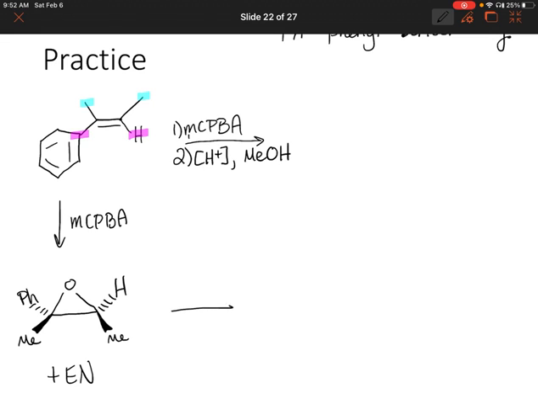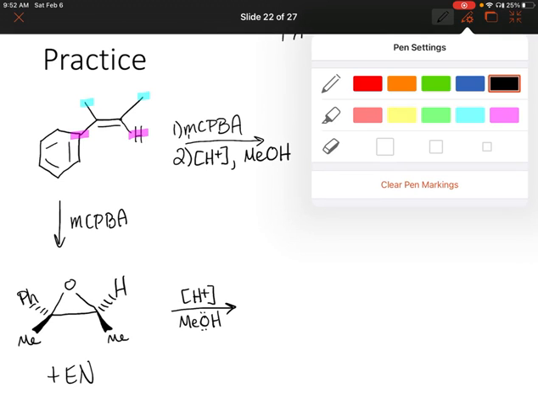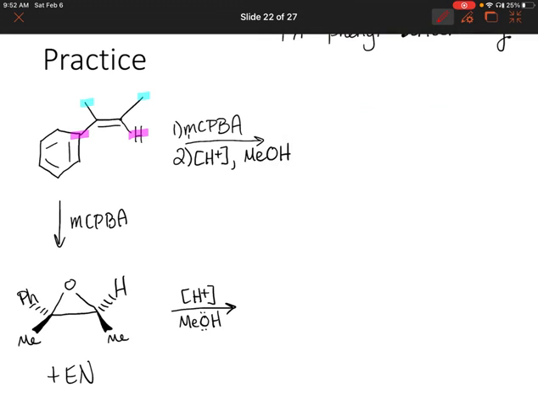All right, so next we're adding catalytic acid as well as methanol. So remember, under acidic conditions, the oxygen in the epoxide is going to grab a hydrogen from the acid, or deprotonate the acid.